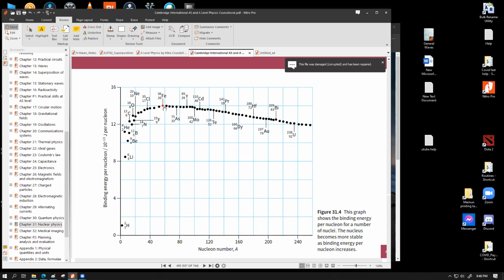Which means by any nuclear process, radioactive decay, natural radioactive decay, or fission, everything will slowly come closer towards the iron structure. Iron as a nucleus is the most stable structure that we could have our hands on.